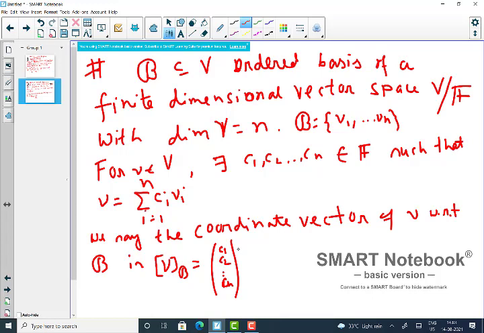Obviously you can understand that this is the natural way of doing things, for example in R2, R3, or maybe in higher dimensions Rn.